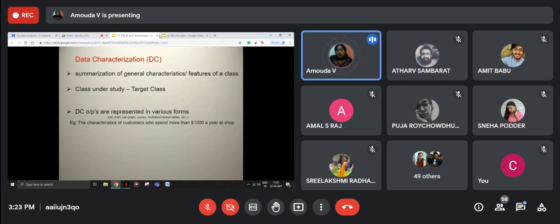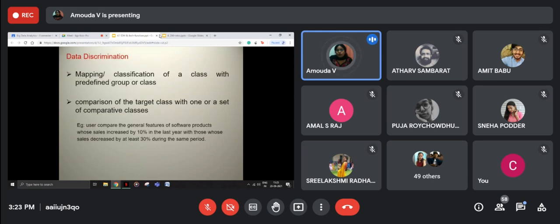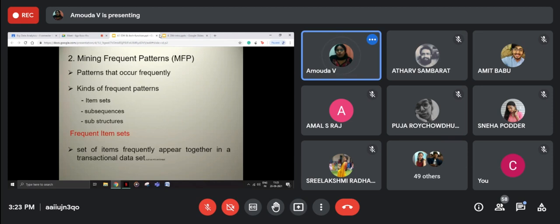I'm just showing the slide. Summarization of general characteristics, target class. What do you mean by target class? I have to explain. Then data discrimination with the two kinds of data. Comparative, you have to compare. That is data discrimination. And mining frequent patterns. We have some definitions here: item sets, subsequences, substructures, frequent item sets.